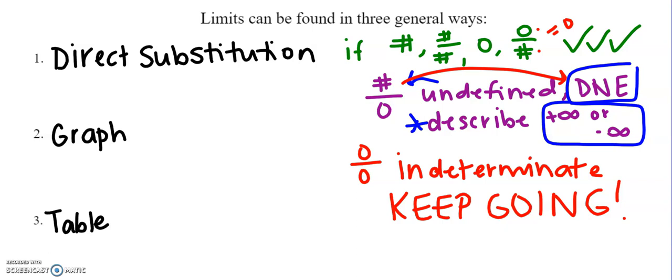Couple little side notes about this whole graph concept. Mr. Lakin will mention this in another video too. If the graph is given, cool, use it. Like that last one, we just used the graph, right? If you have to graph it on your calculator, you gotta be careful because your calculator doesn't always show the things that you like.